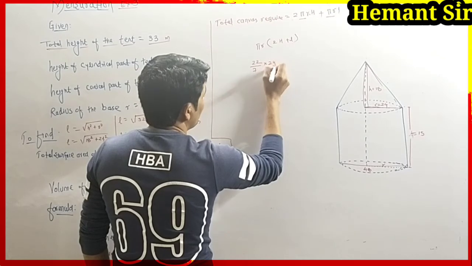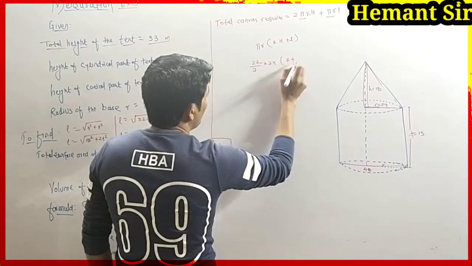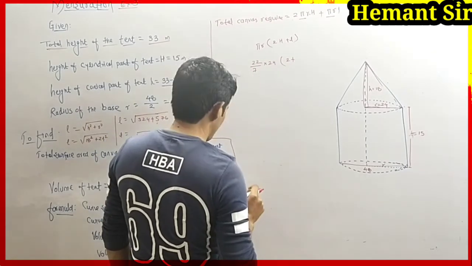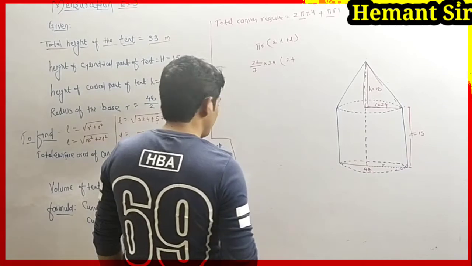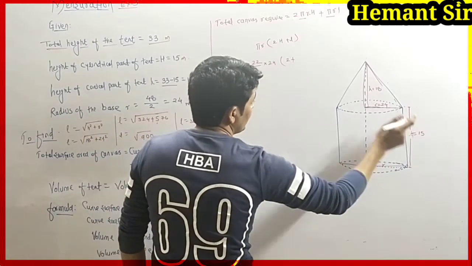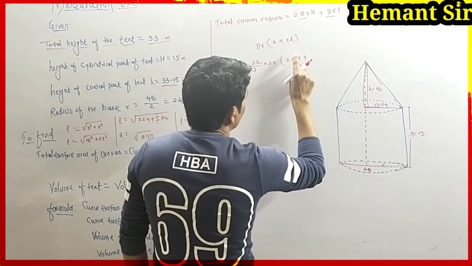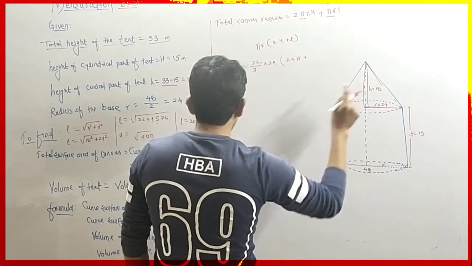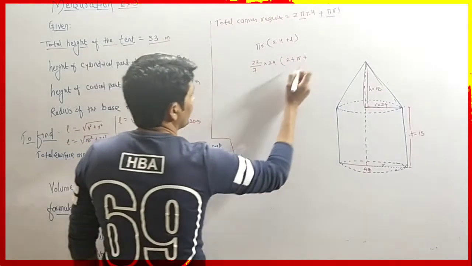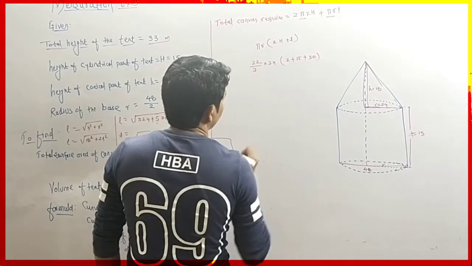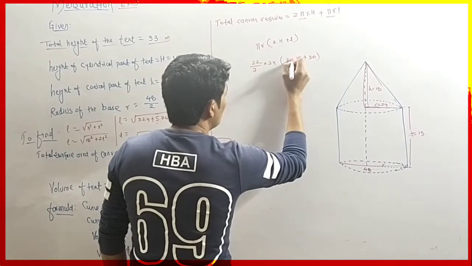So it is 24 into 2 plus H. What is H? Capital H is 15. So 15 plus L. L is the slant height and slant height is 30. So it is 30.